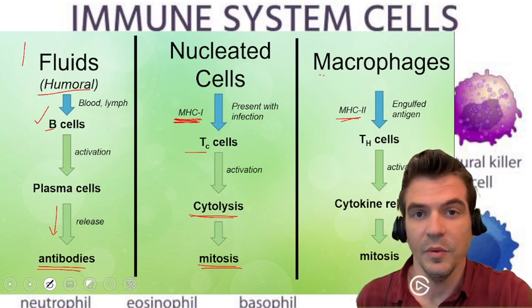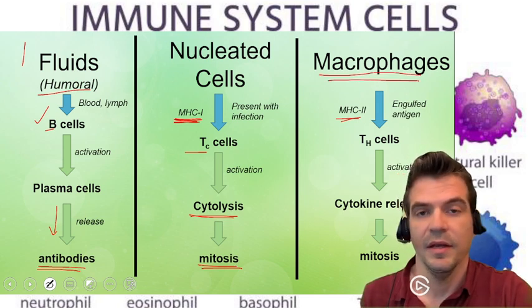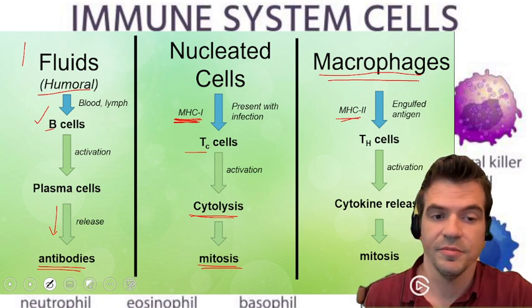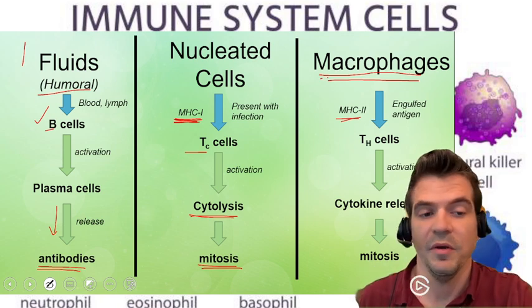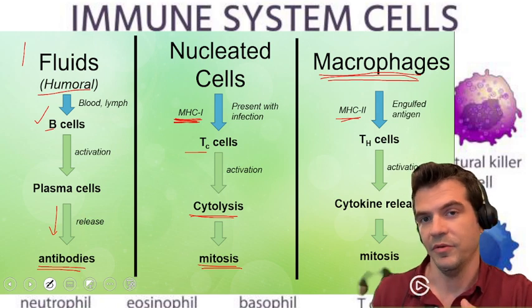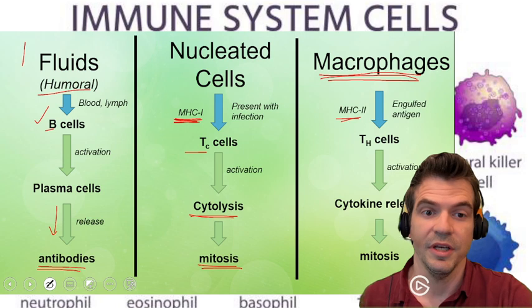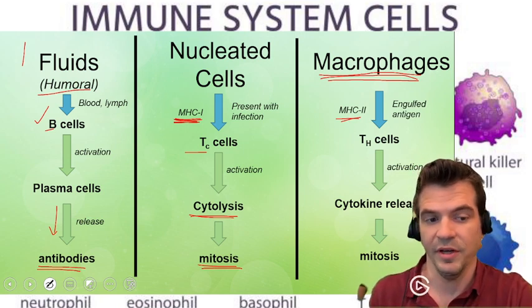We also learned about macrophages and how monocytes become macrophages. Macrophages are found in many different types of tissues, like liver and brain, and they're called different types of cells based on where they're found.